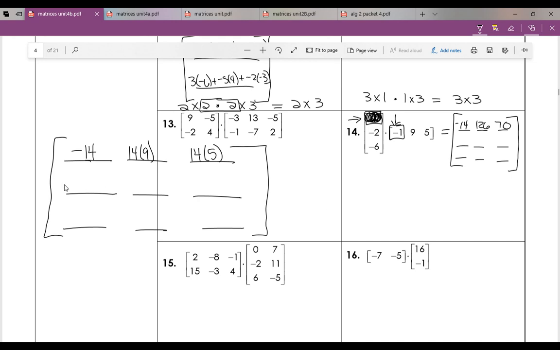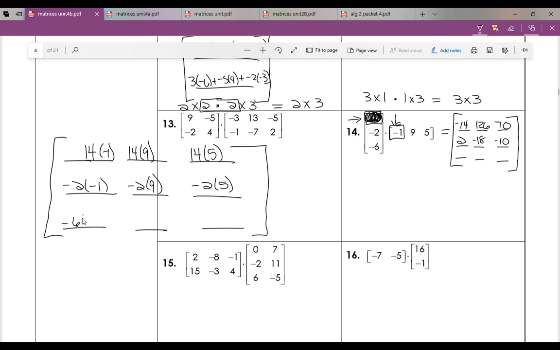Start with your second row. Negative 2 times negative 1. I'm going to go back up here and write this so we can see. That was 14 times negative 1. That gives me a 2. Then I have negative 2 times 9, and negative 2 times 5, so I have a negative 18 and negative 10.